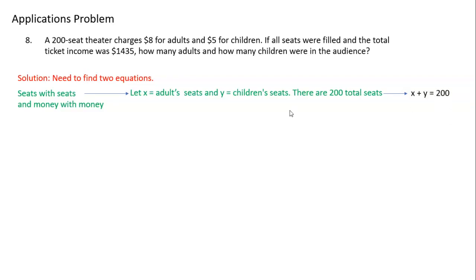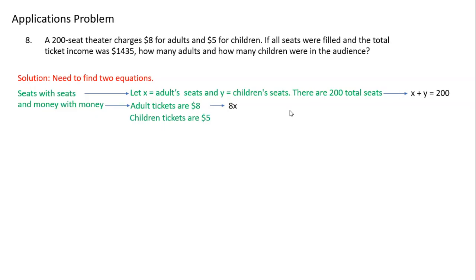Now, again, the other equation is what I had mentioned to you, where we can use the concept of revenue. Okay, we know that since I made X be the adult tickets, the adult tickets cost $8. So to get the revenue, price times quantity, 8x. But this is just part of the problem. I also have children's seats. They are $5 each, and we indicated that the children's seats are the variable y.